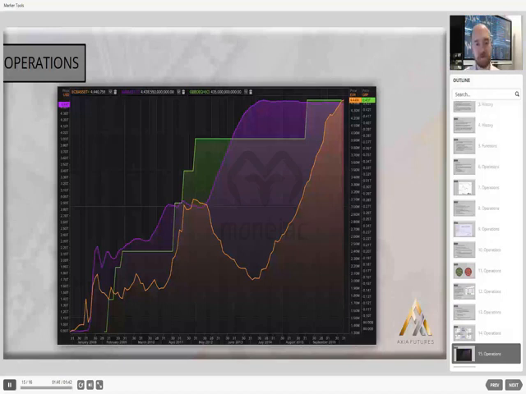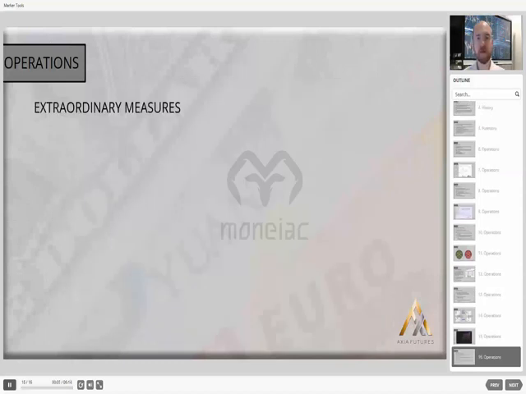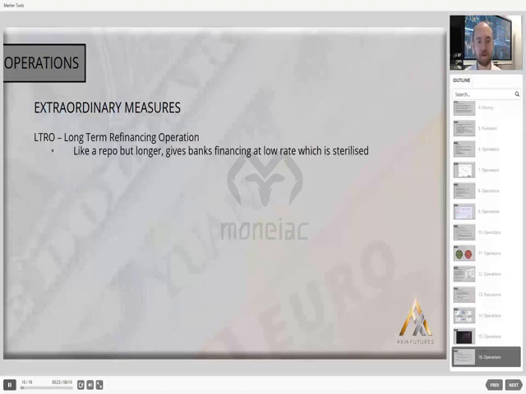This came about in 2008-9 as an answer to the recession/depression that came about on the back of the US mortgage crisis. So quantitative easing, basically, I'm sure many of you understand this. Central bank goes out and buys government bonds, either in the primary market or the secondary market.